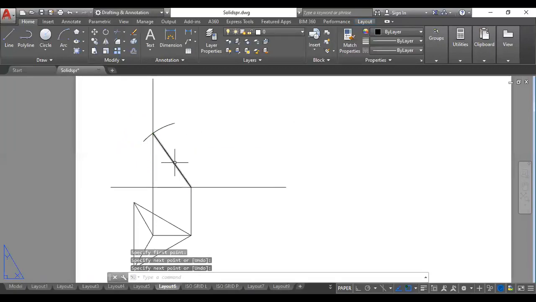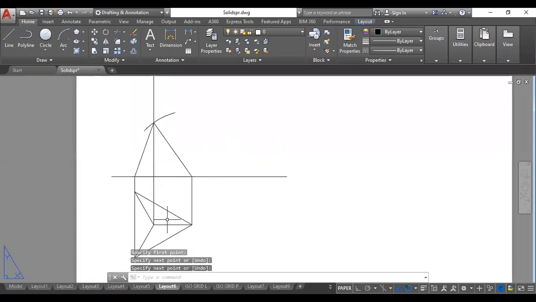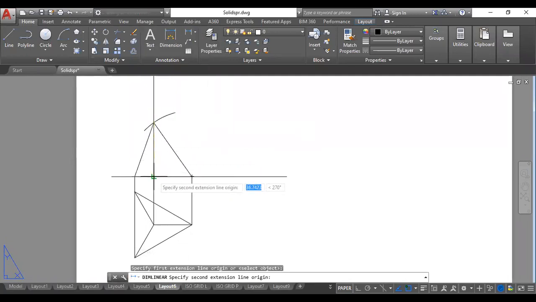Then I will join from here to here. This length is 45 because the edge length of the tetrahedron is 45. Now I will make a projection from here to this side, and this is the base. So this is how the tetrahedron will look in its top view and front view. Now if I measure this height, it will give me the height of the tetrahedron from here to here.